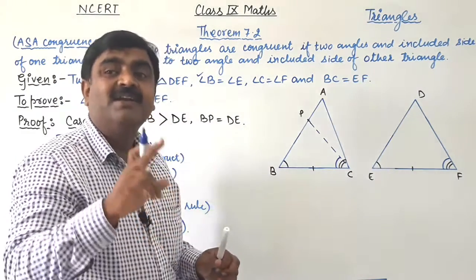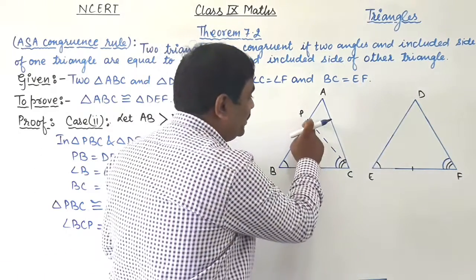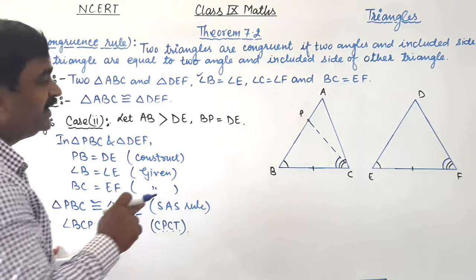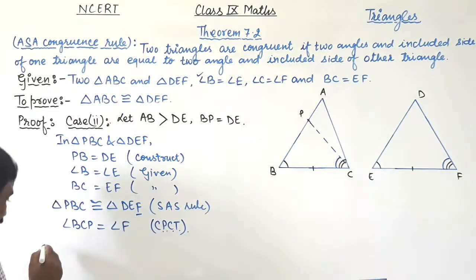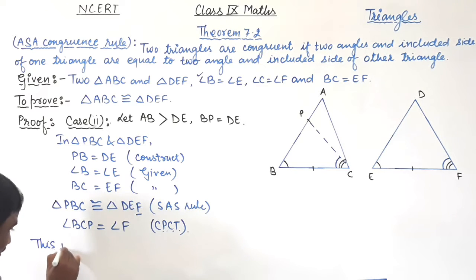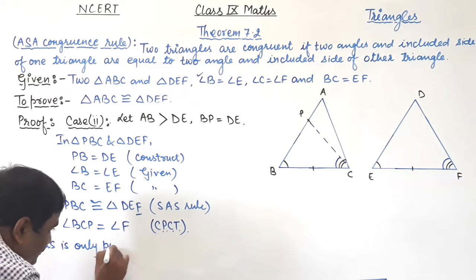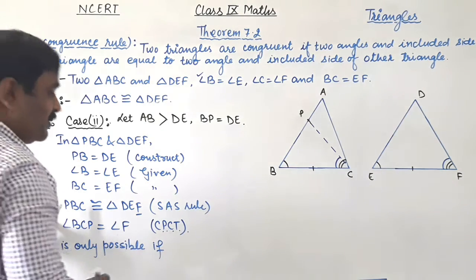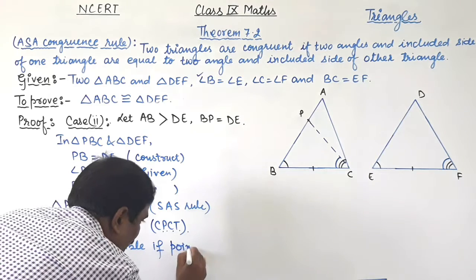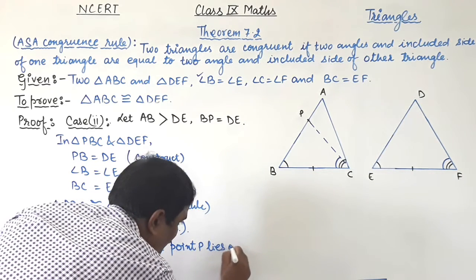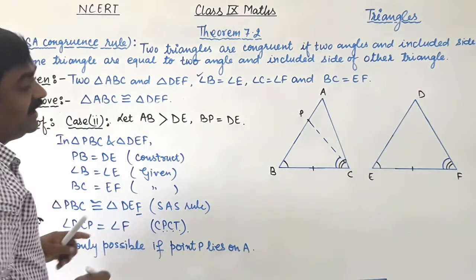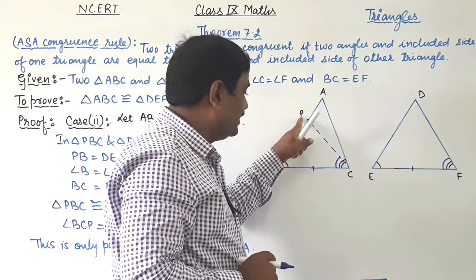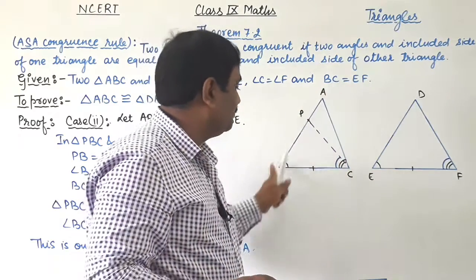It is possible only if point P lies on A. This is only possible if point P lies on point A. And if point P lies on A, therefore triangle PBC will be equal to triangle ABC.